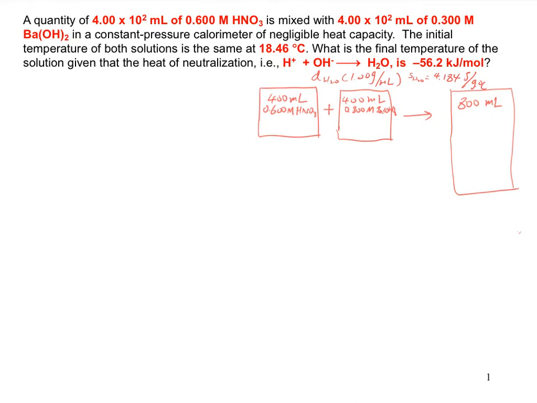Now the overall balanced reaction we can write down is nitric acid reacting with barium hydroxide to give barium nitrate plus water.